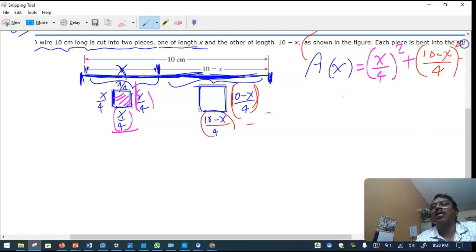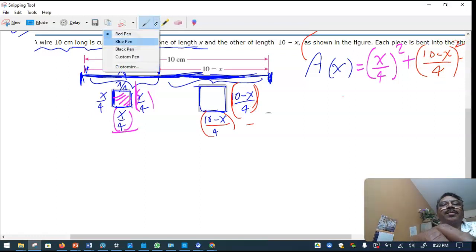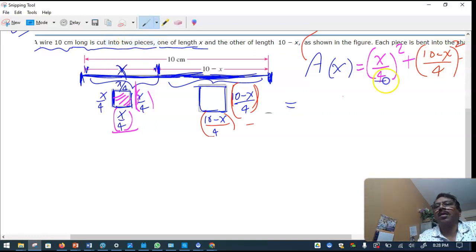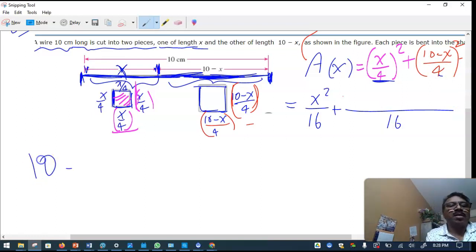So now let's simplify further. So this will be x squared over 16, because 4 times 4 is 16, plus the second one, which also becomes 16 down. And the top one is 10 minus x the whole square.